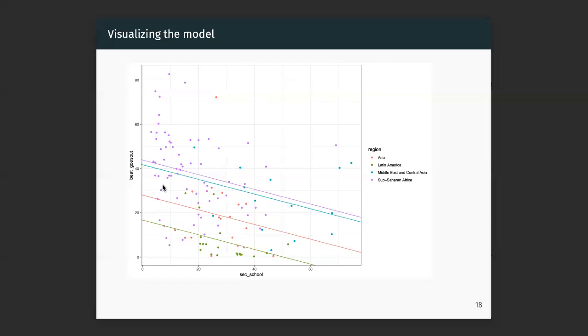So we can imagine this is kind of moving over time where each country, again, this is the causal interpretation, but it's kind of easier to see it on the graph. We're assuming that each region starts at 0 and they have different starting locations. And then as secondary schooling increases, they decrease at a consistent rate across regions, but they're still going to end up in different places because they started at different places.